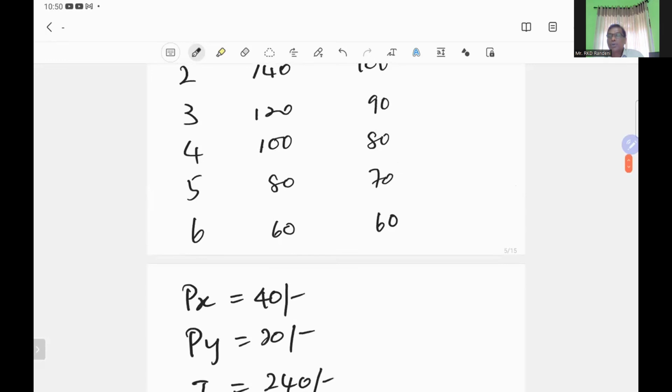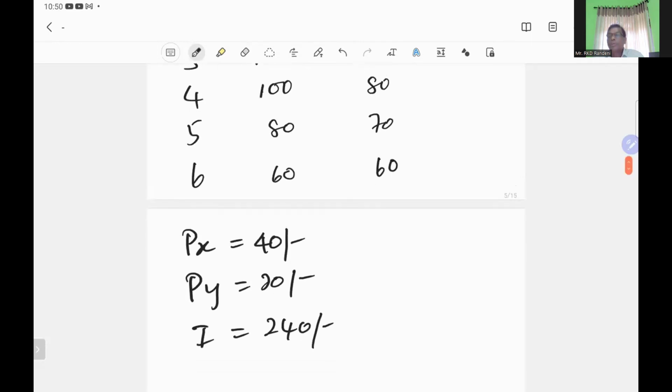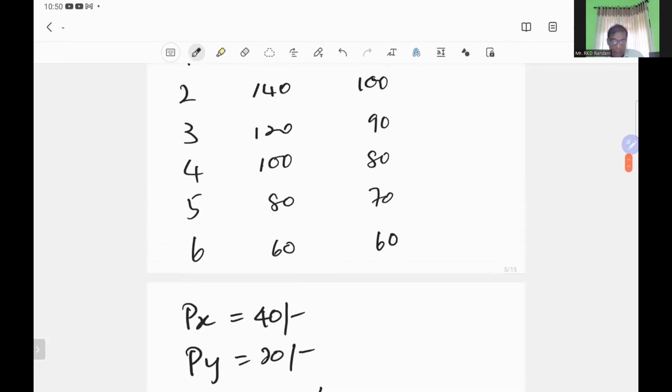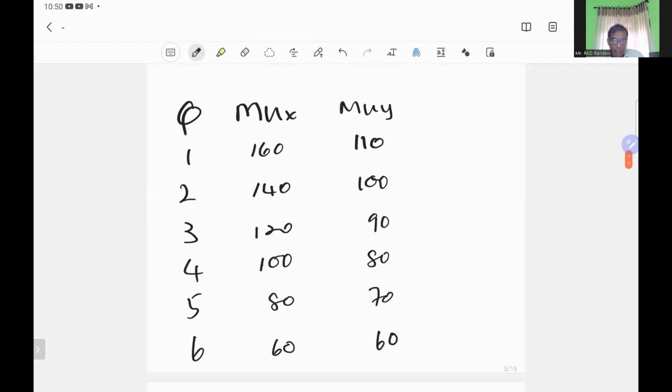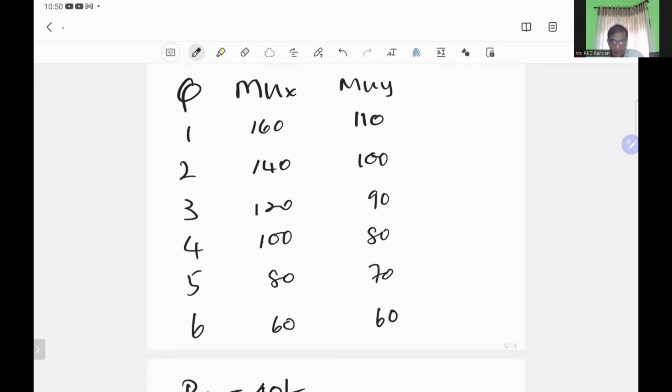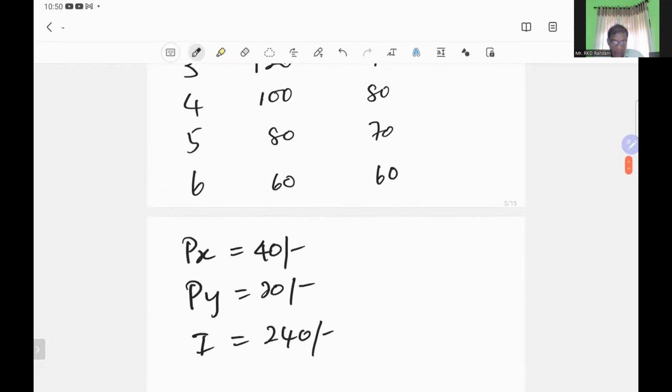Then there is a story. A rational lady went into the weekend fair with 240 rupees. She is going to buy fish, that is X, and a vegetable, that is Y. Her marginal utilities of X and Y are given. The price of X is 40, the price of Y is 20.